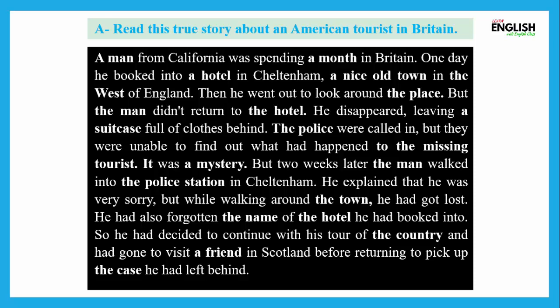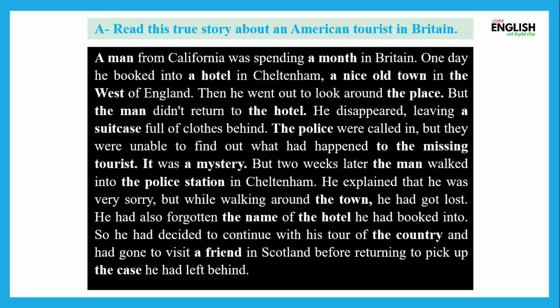The police were called in, but were unable to find out what had happened to the missing tourist. It was a mystery, but 2 weeks later, the man walked into the police station in Cheltenham. He explained that he was very sorry, but while walking around the town, he had got lost.